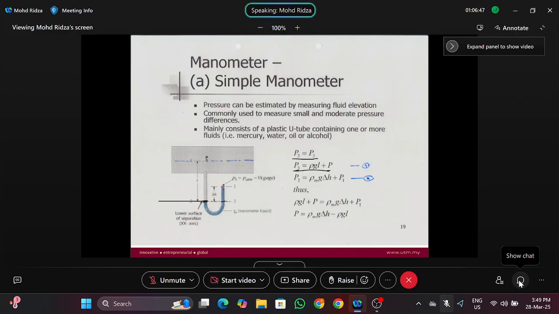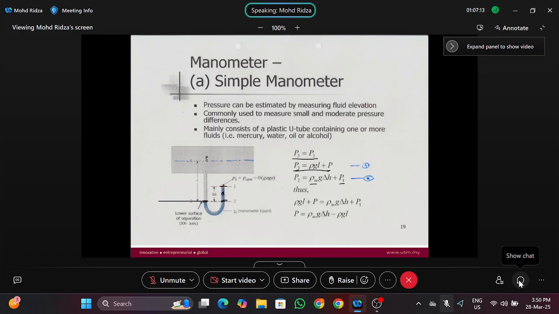Now, for P2, we have to find what is P2. We pick a point, so we pick P1, because it doesn't matter whether we know the value or not. P2 is P1 plus the weight of the liquid between point 1 and point 2, rho g h. Rho of what? Rho of this blue liquid, which we call rho m.